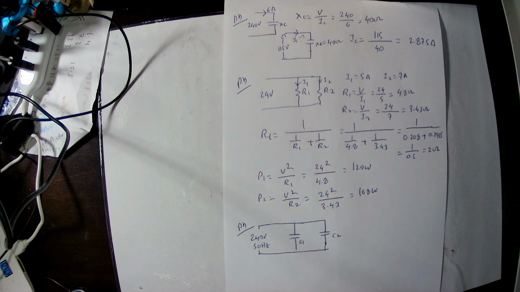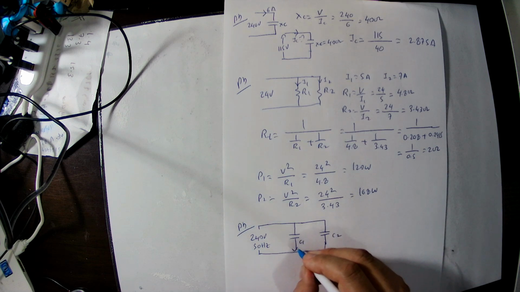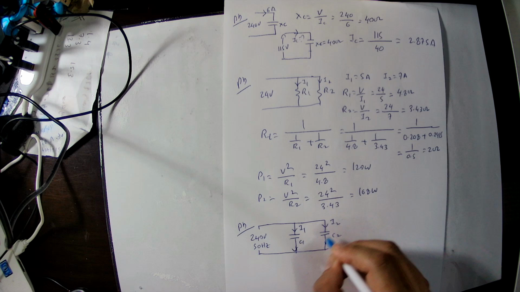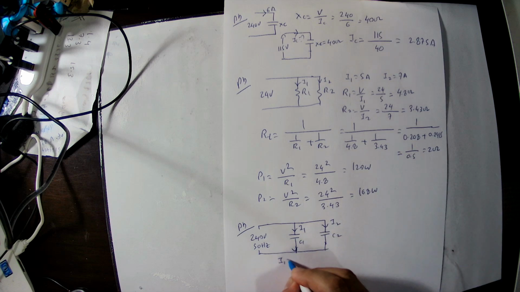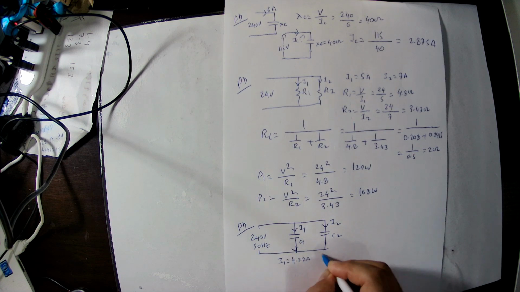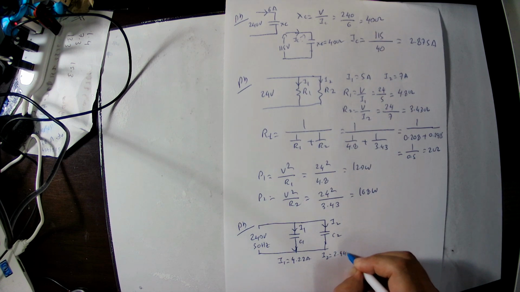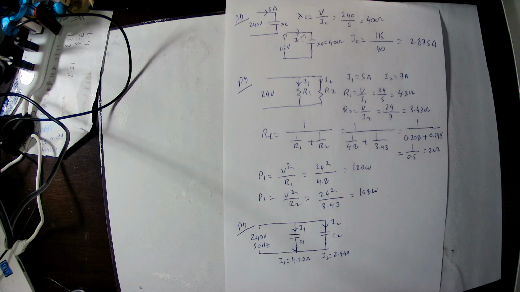Capacitor C1 current is I1 and capacitor C2 current is I2. I1 is given as 4.22 ampere and I2 is given as 2.94 ampere.